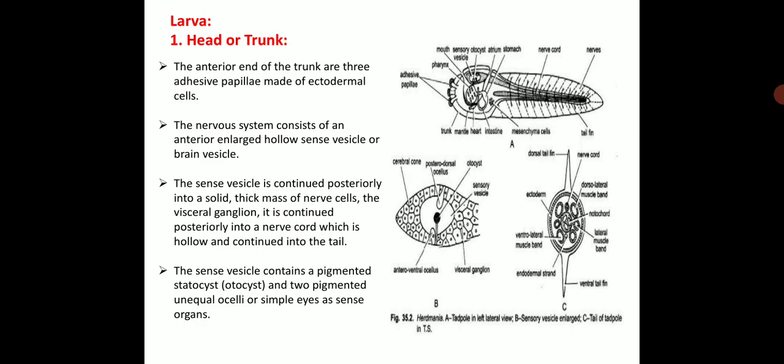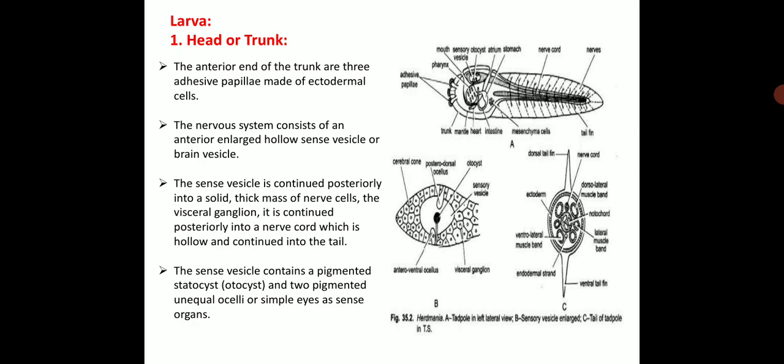The first part of the body is the head or trunk. Here is the picture which clearly shows the different structures you find in ascidians. At the anterior end of the trunk are three adhesive papillae made up of ectodermal cells. The nervous system consists of an anterior enlarged hollow sense vesicle or brain vesicle. The sense vesicle continues posteriorly into a solid thick mass of nerve cells, the visceral ganglion.